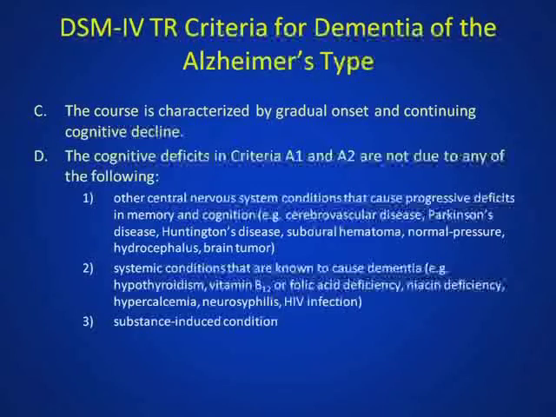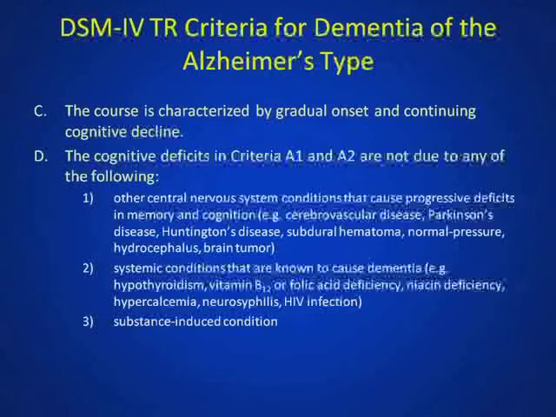In Mrs. M's case, what we know is that she was functioning fine up until coming to the hospital. We also would like to take a close look at the D criteria here, that her symptoms, as noted before, are not the direct result of a central nervous system condition such as a stroke, Parkinson's disease, Huntington's disease, subdural hematoma, normal pressure hydrocephalus, or a brain tumor.